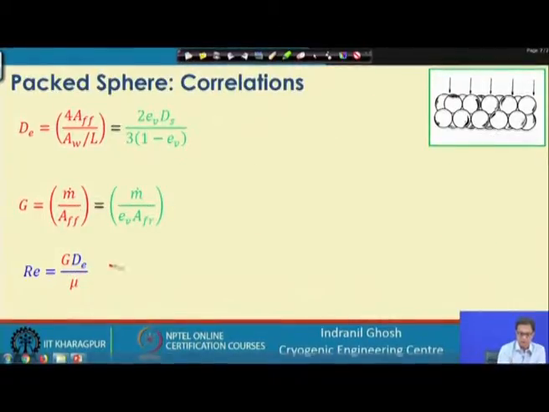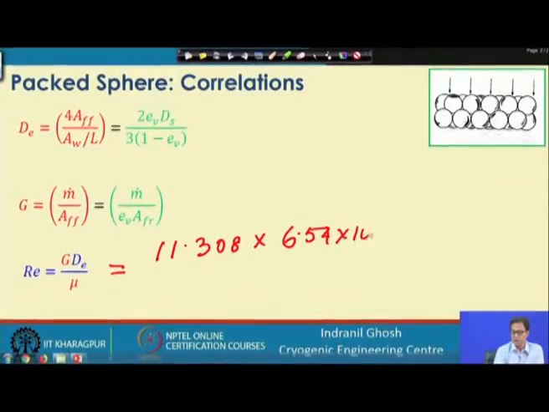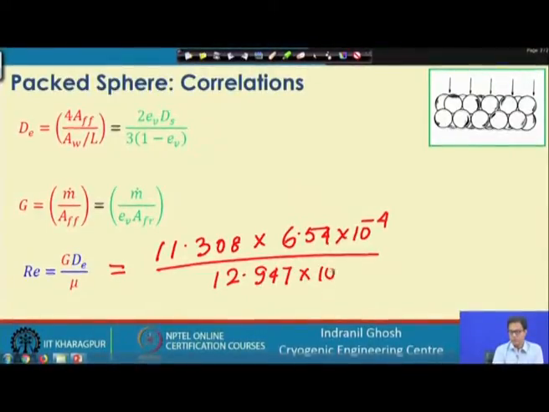So, if we now put G equals 11.308 multiplied by the equivalent diameter 6.54 into 10 to the power minus 4, and mu equals 12.947 into 10 to the power of minus 6, we get the Reynolds number to be 571.